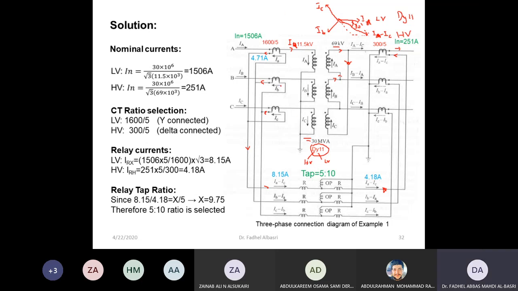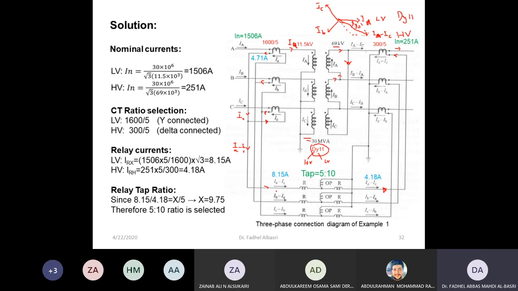Now, with this, as you can see, if this is IA, okay, right? If this is IA, and this is IC, this becomes IA minus IC. All right, which is same as this.